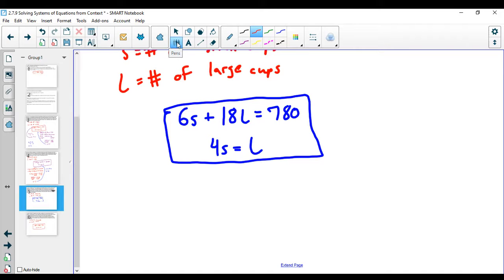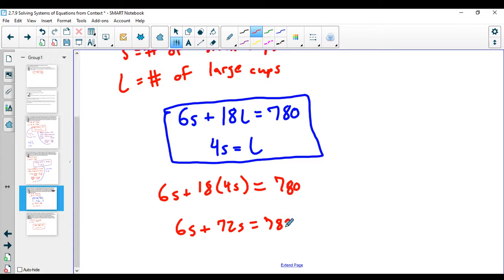And now, again, substitution is a great one here because we have L equals 4S. So I'm going to rewrite this top equation, 6S plus 18L, but L we just said is 4S, equals 780. So 6S plus 4 times 18, I could definitely do that on my end, but 72S equals 780.